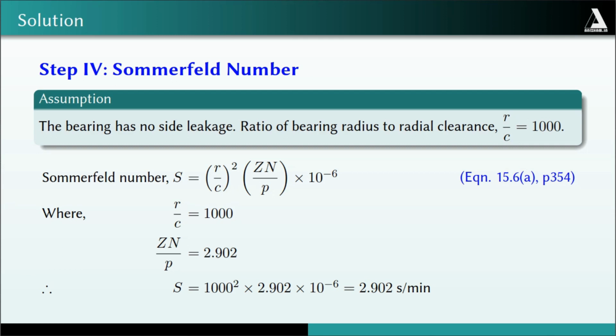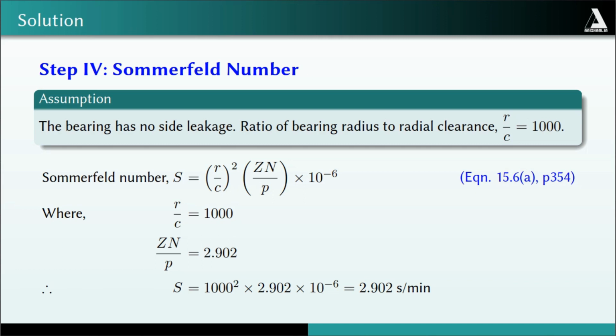These are the two assumptions required for calculating the Sommerfeld number. The relation for the Sommerfeld number S is given as (R by C) the whole squared multiplied by ZN by P multiplied by 10 raised to minus 6. Again, note that N is the capital N, the speed in RPM.